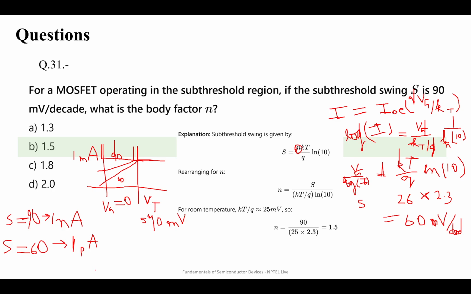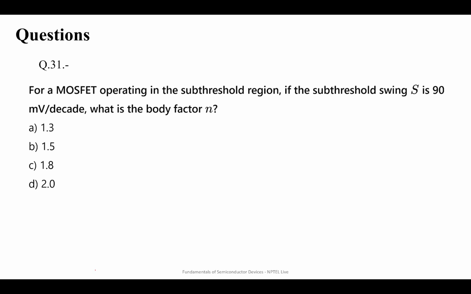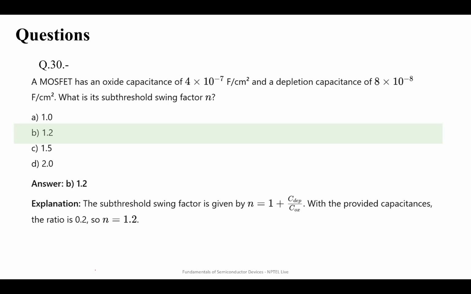We want our transistor to be as small as possible, but when we make it smaller, my depletion capacitance is increasing because of short channel effects. So I want to increase my Cox also, so I want my n to be as close to 1 as possible.